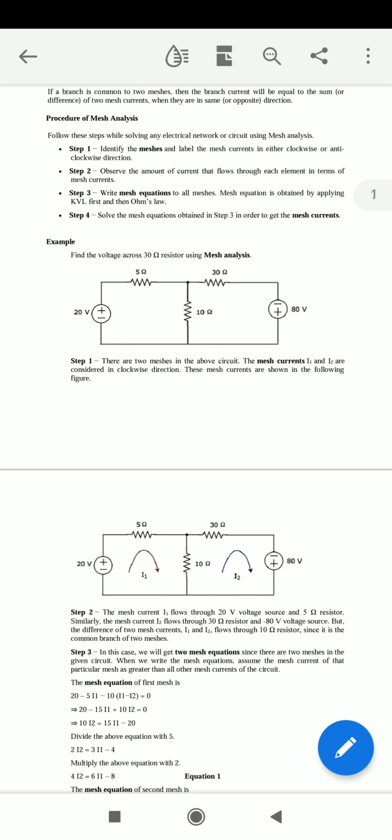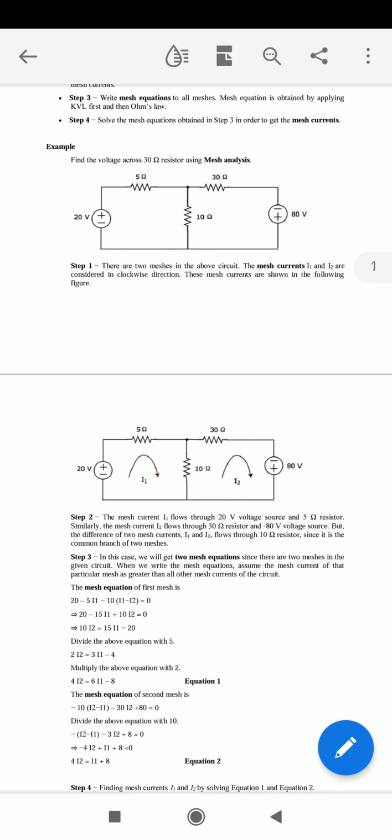So we can choose the clockwise direction. It is easier to calculate the mesh equations.